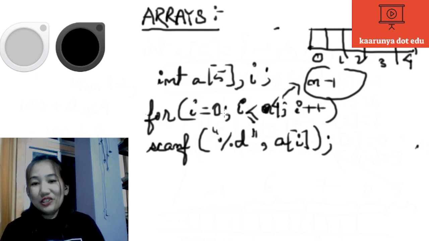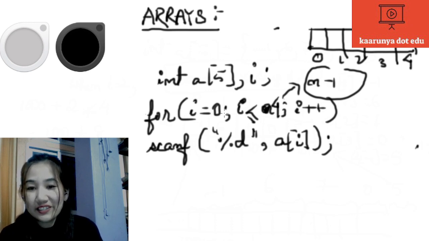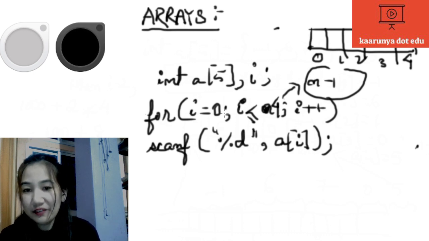So let's recall once again what we have studied. We have got the definition of array. So what is an array? It is nothing but a collection of data items of similar data type, right? If it is int, you can take only integer elements. If it is character, you can take only character elements, and so on.